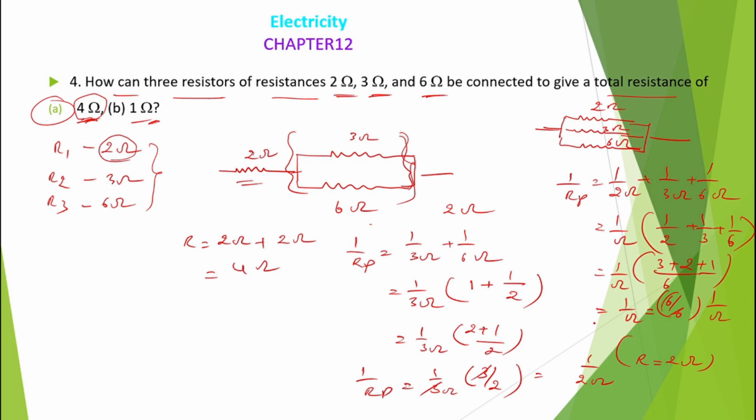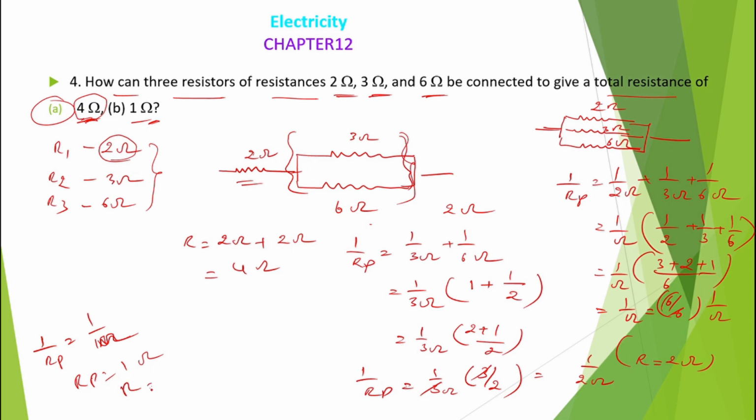So that means what we got, 1 by Rp is equal to 1 by 1 ohm. Just cross multiply it, you will get Rp is equal to 1 ohm.